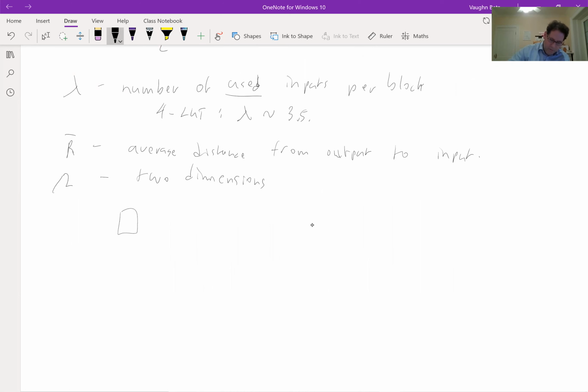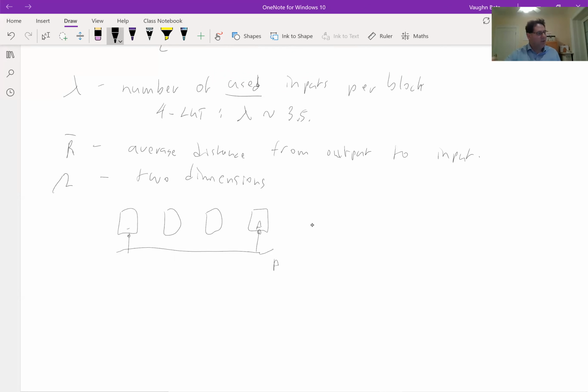Okay, so R bar, here are 4 blocks. If this block wants to connect to this block, so I've got some signal A that needs to be connected here. Let's just draw that as, this is like net A. So net A needs to connect these 2 blocks, and they're 4 units apart. If every single connection in my design looked like that, then R bar would be 4.